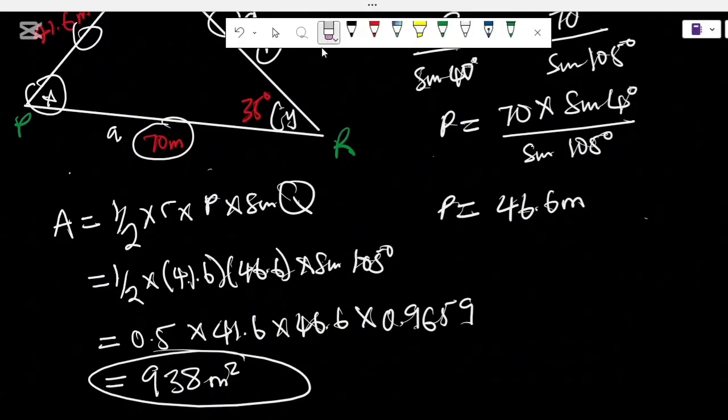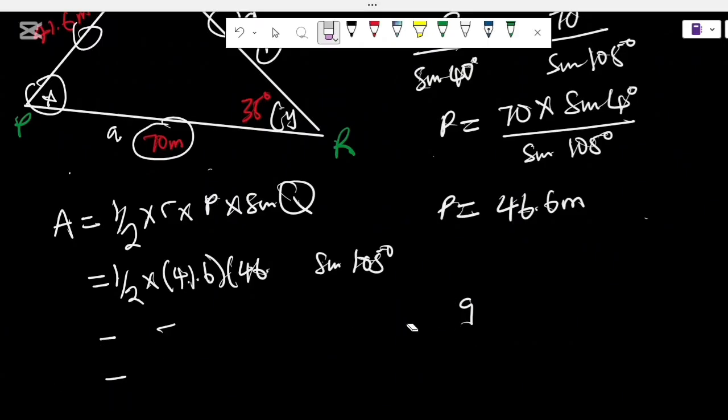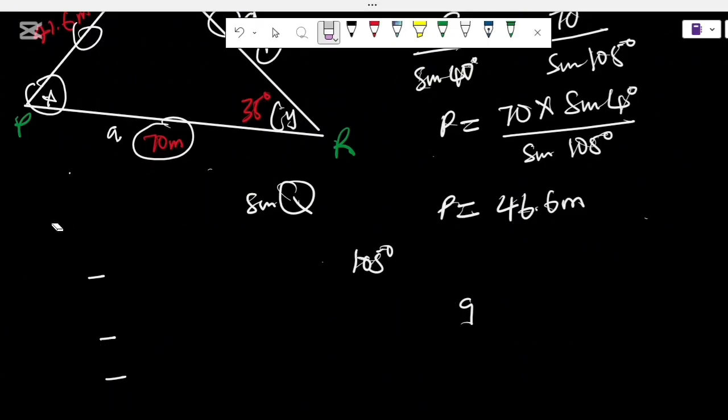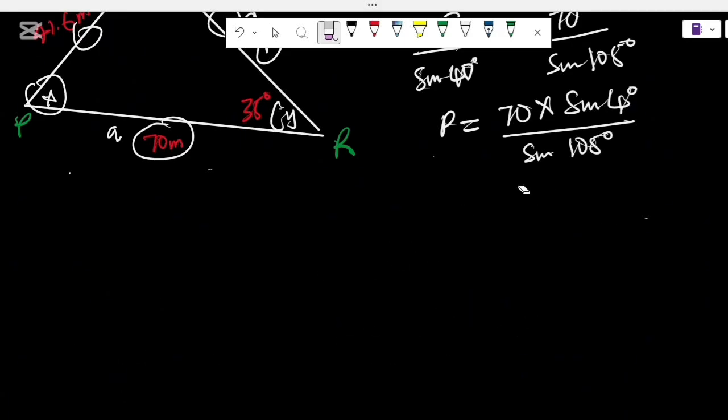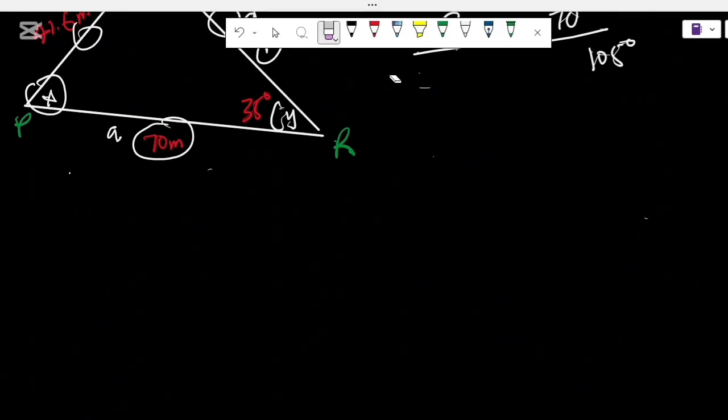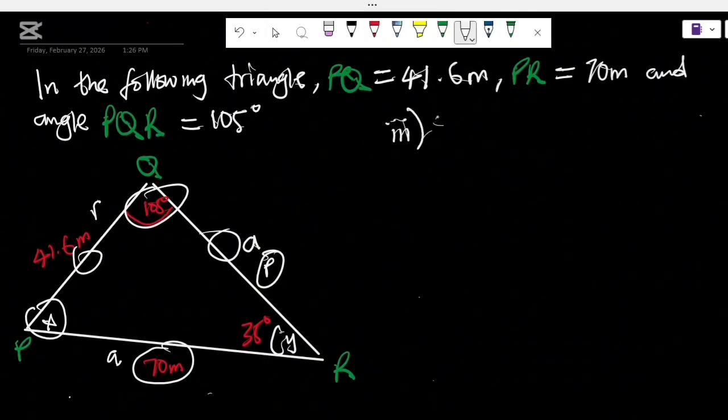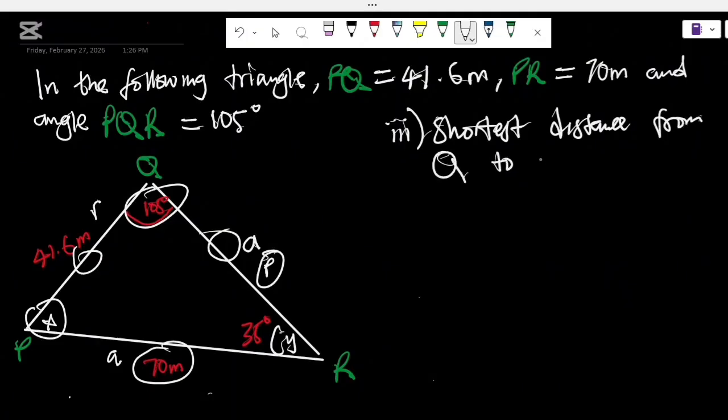Now, how do we find the shortest distance here? The shortest distance from Q to PR.